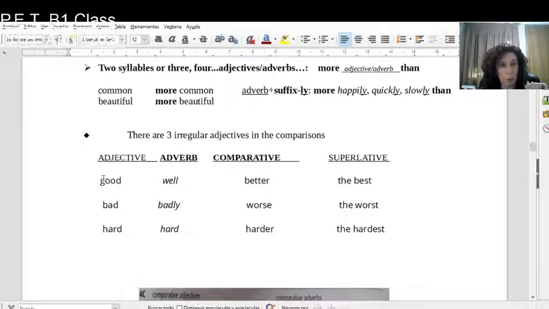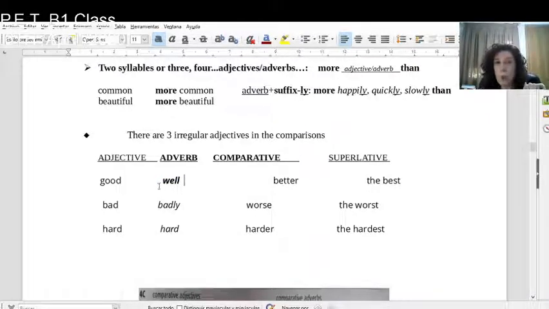Moreover, we have irregular adjectives in the comparison. For example, good, we had better, the best, and bad, worse, the worst. Now, hard can be an adjective, but also an adverb. So it's one syllable, harder, the hardest. Good is an adjective, but it is irregular because from good, the adverb is well.